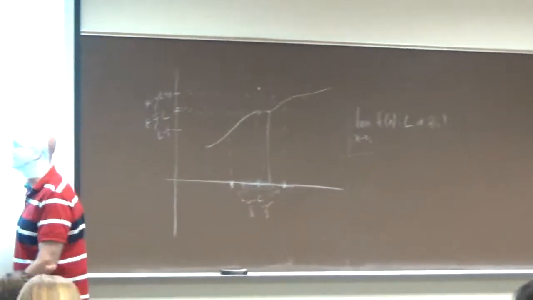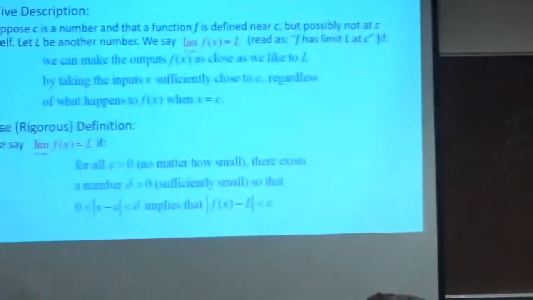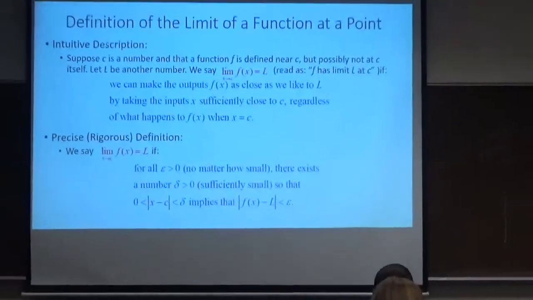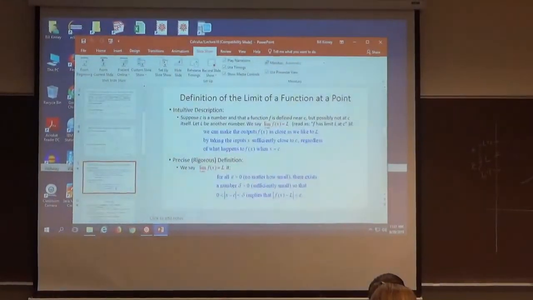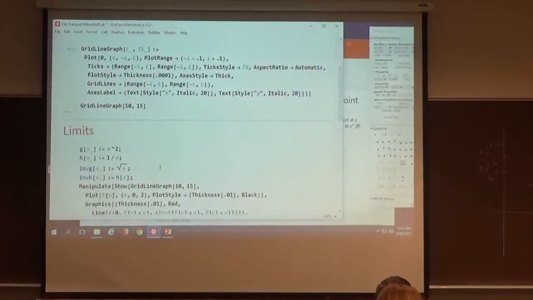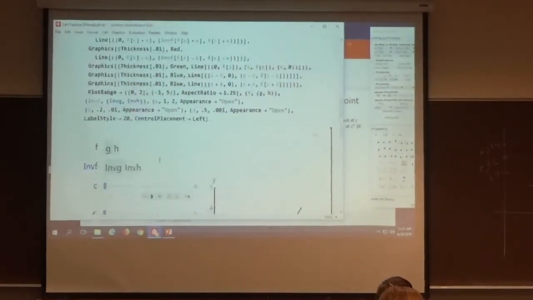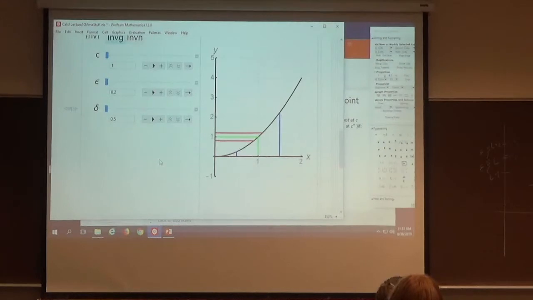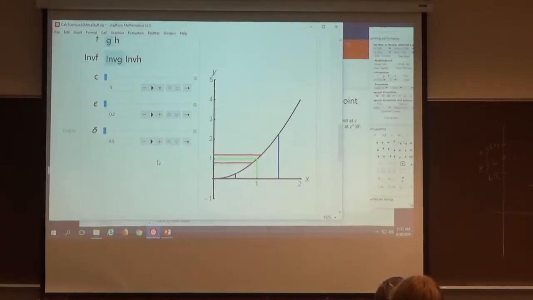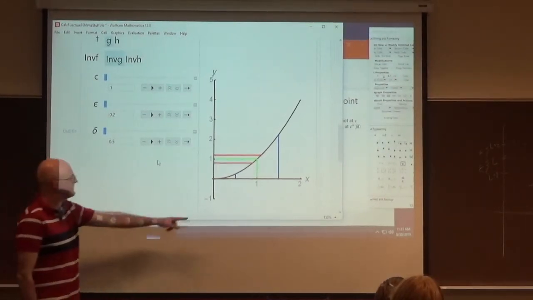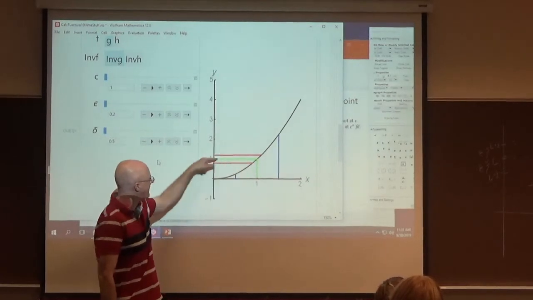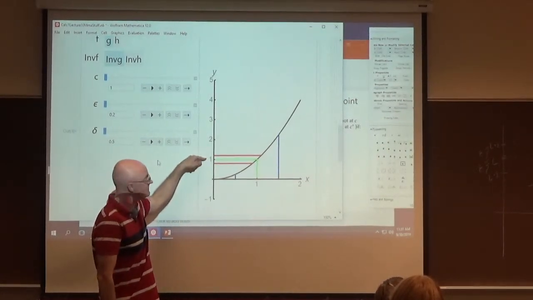Here's a Mathematica animation of this that I made. So this is the function x squared right here. I chose c to be 1, and that means L is 1 as well.